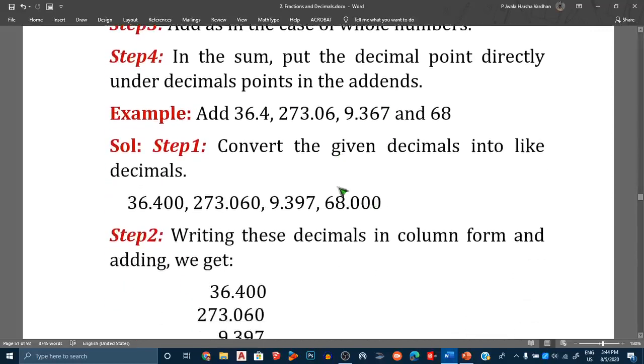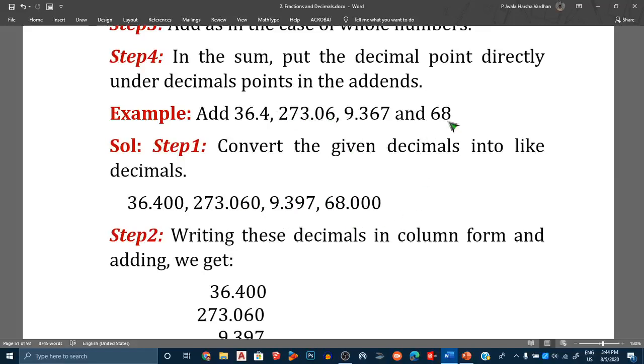So what are the steps you see here? Here some decimal numbers are given which are in unlike form. So what is the maximum number of digits in the decimal place here? 3. So you have to convert them to 3 decimal places, like 36.400, here 273.060, here it is 9.367, here 9.397 I am taking.